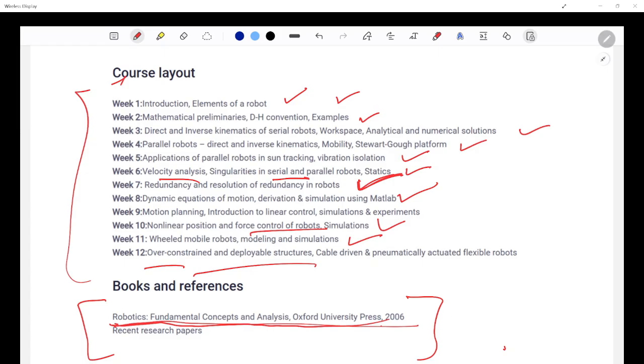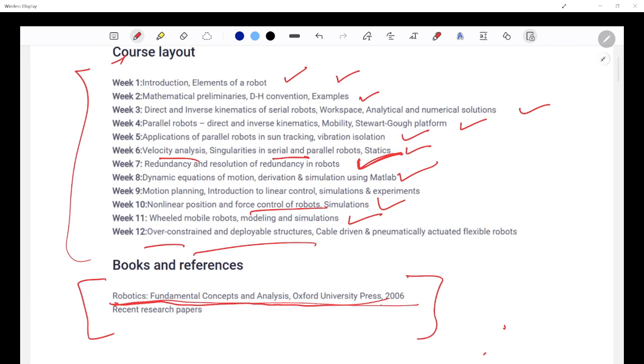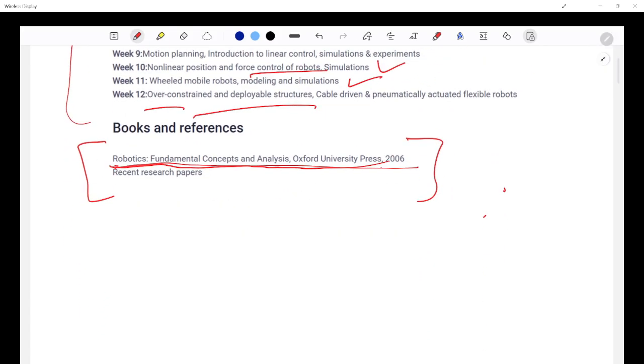So if we talk about what we are going to study today, it is based on deployable structures and over-constrained mechanisms. Just in the beginning I want to say, you already know what degree of freedom is, what the formula for degree of freedom is, and what we mean by degree of freedom.